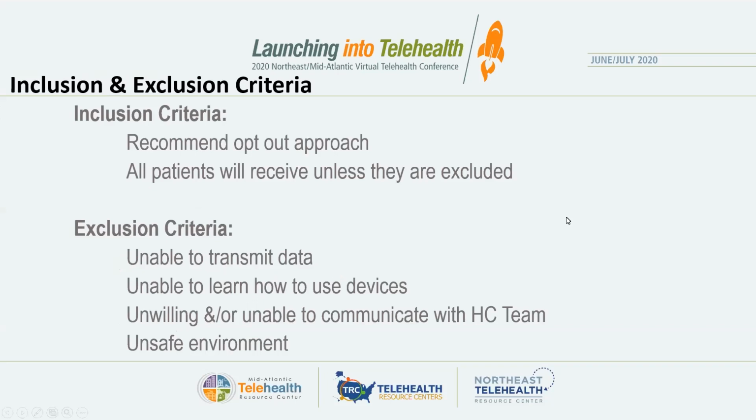Okay, let's talk a little bit about inclusion and exclusion criteria. When I started in remote patient monitoring 23 years ago, it cost about $25,000 a home to implement remote patient monitoring. So you can well imagine everything was grant funded, and you were trying to be as cautious as you could to make sure you selected the most appropriate patients to receive these services.